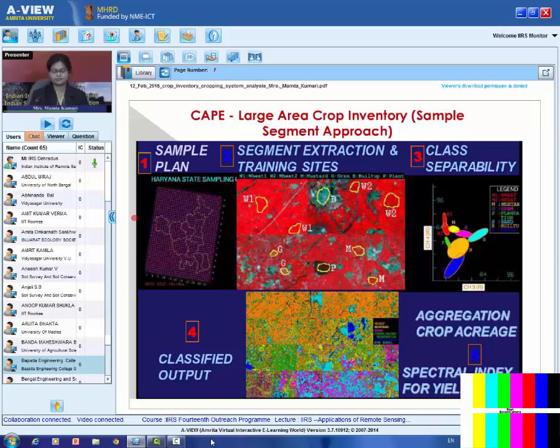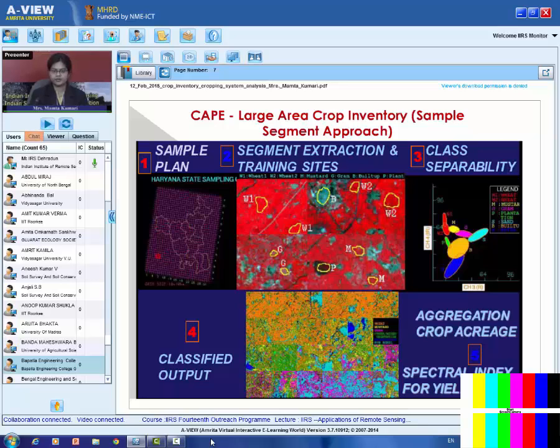If the area is homogeneous, then a bigger sample segment is sufficient, like 10 km by 10 km sample segment size.